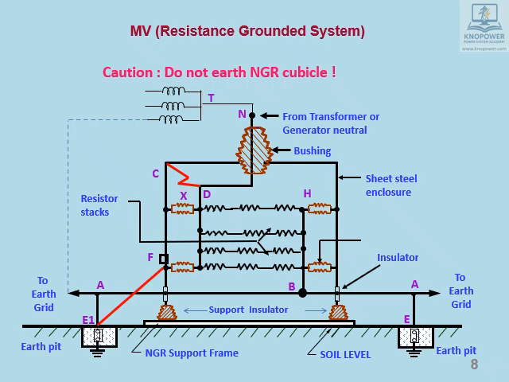What is intended to be resistance-grounded system has become solidly grounded system. If a ground fault occurs, ground fault current will be in kiloamps and not 100 to 400 amps. A simple mistake of panel earthing can be disastrous.